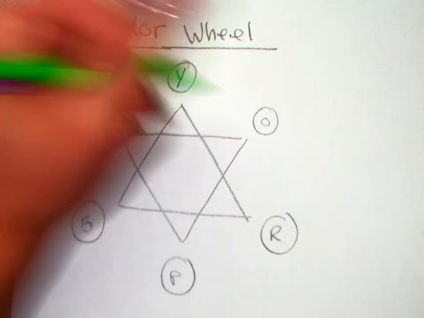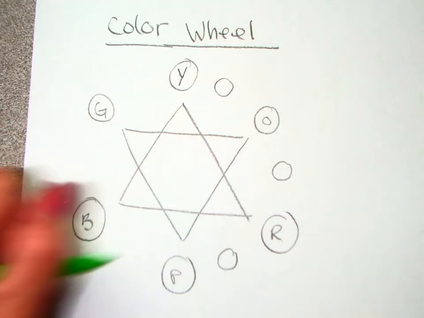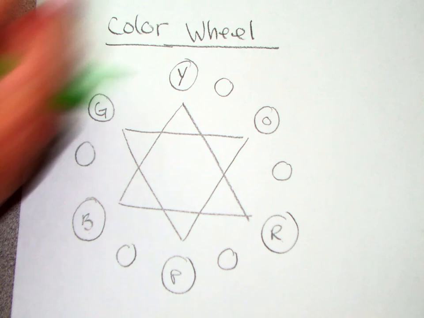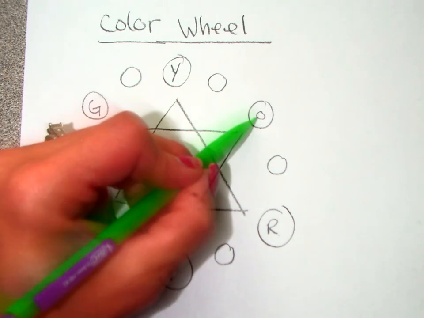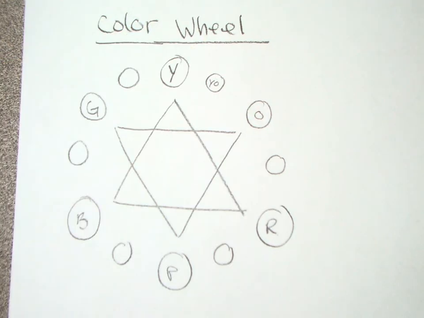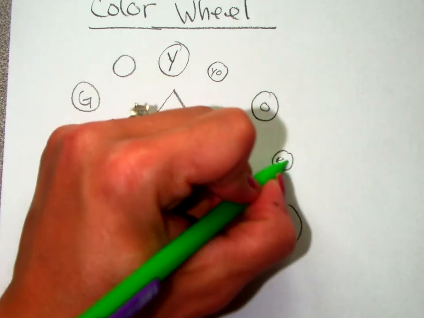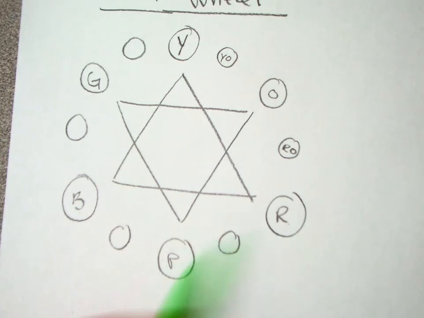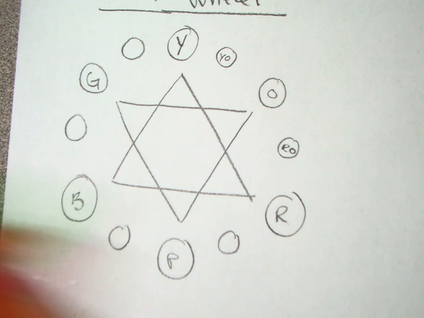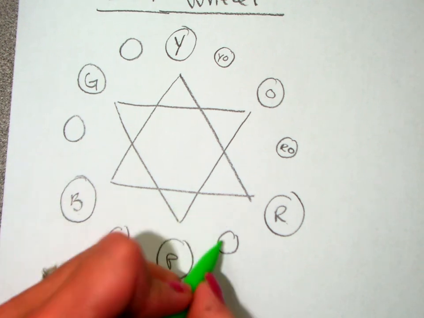And then if you mix your primaries and your secondaries together, and these all go in order on the color wheel, when you mix yellow and orange together, you get yellow-orange. When you mix orange and red together, you get red-orange. We always list our primary color first. Red and purple is red-purple, but I think the term violet came out because that sounds weird, or purple was added later.